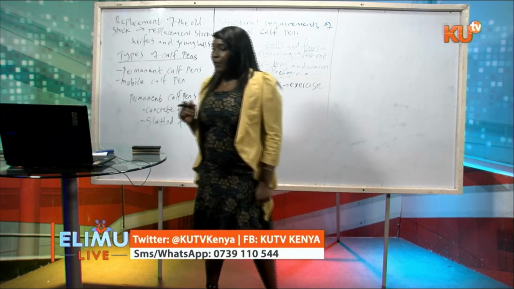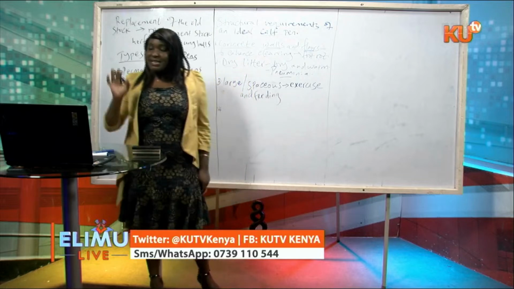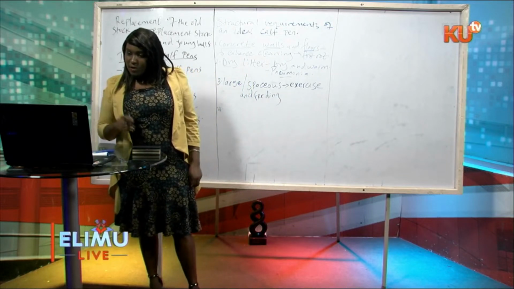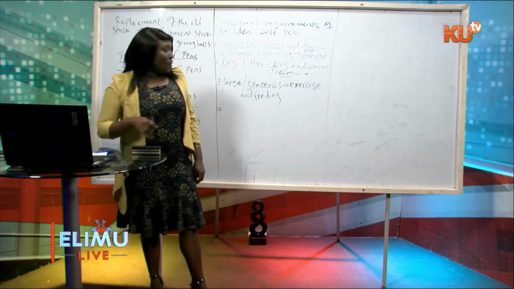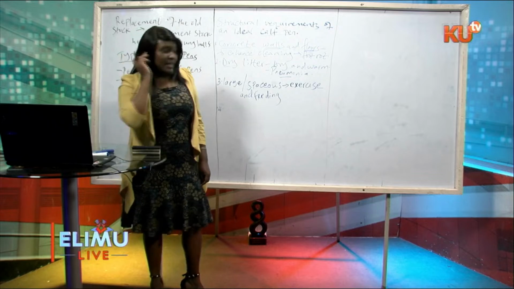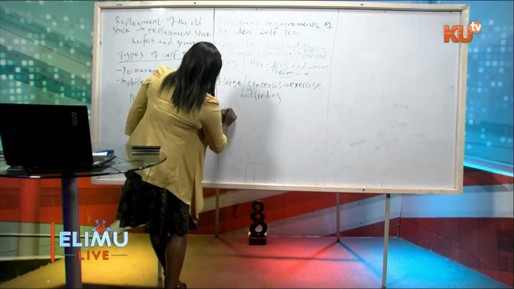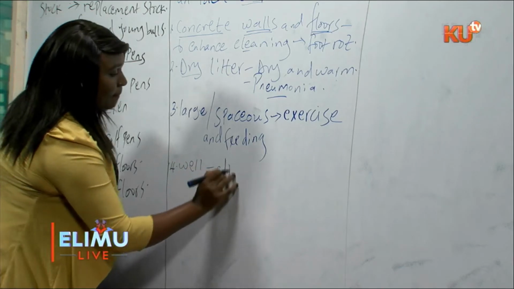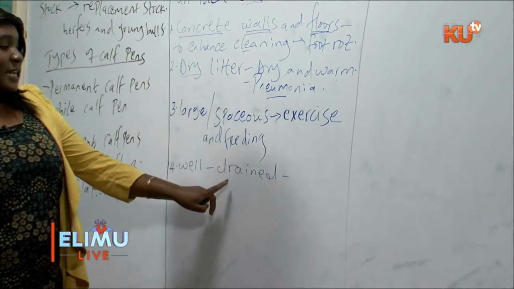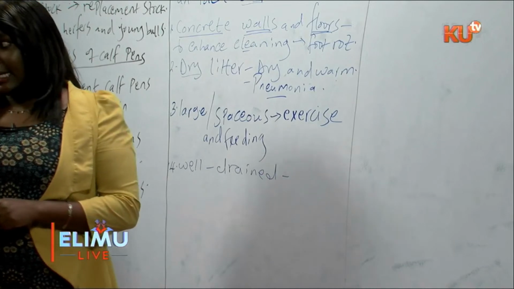We are now halfway in terms of those points. There are 8 requirements of a good calf pen. We require an area that is well drained. The calf pen should be sited in an area that is well drained.